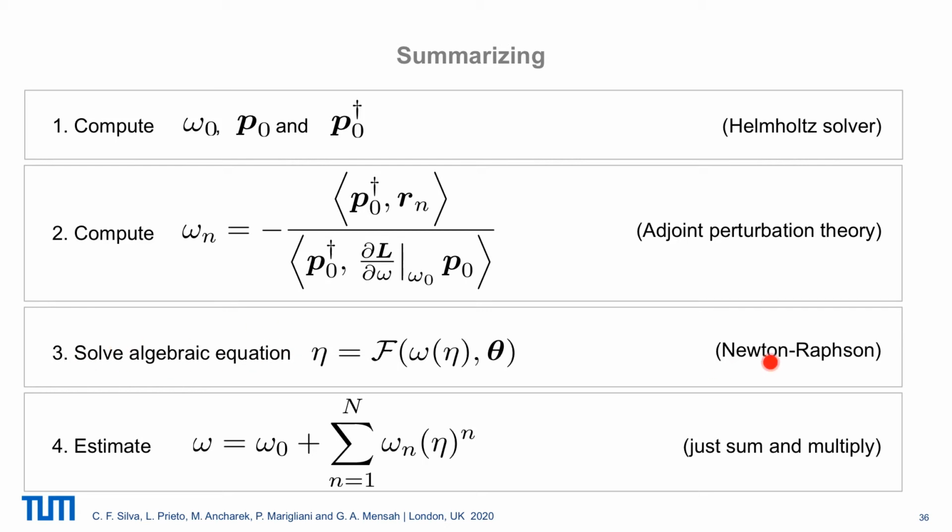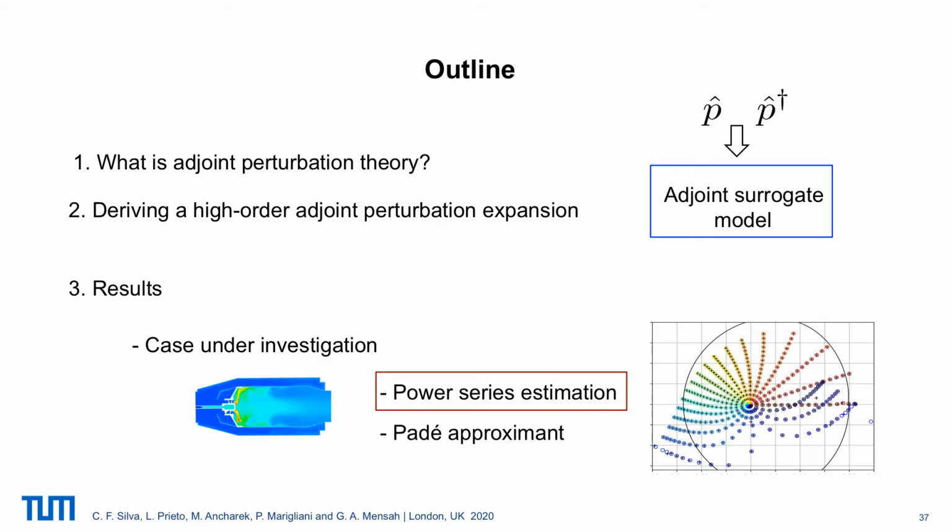In this case, we use Newton-Raphson to have this mapping from 16 coefficients to one complex number. And finally, we just have to estimate the corresponding shift in the eigenfrequency given values of eta, which are actually the flame response. Okay, so let's continue with the results.